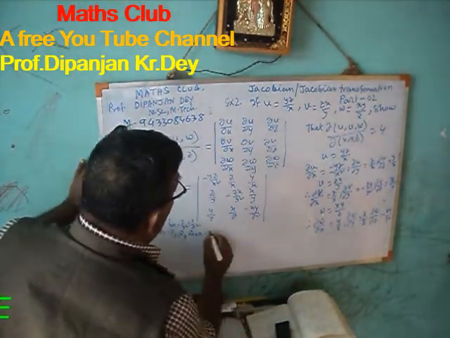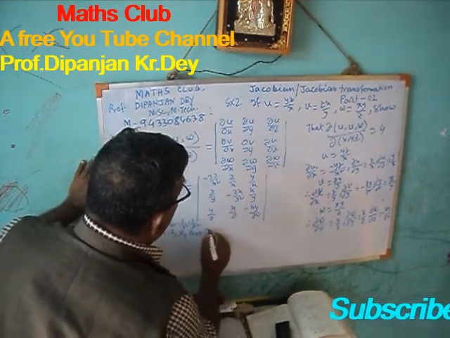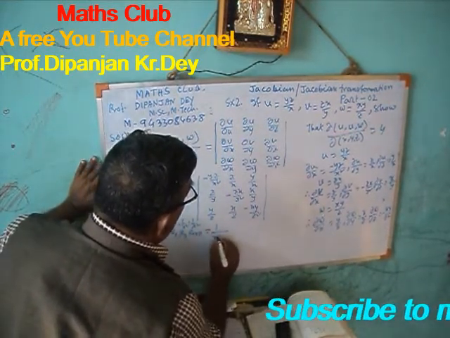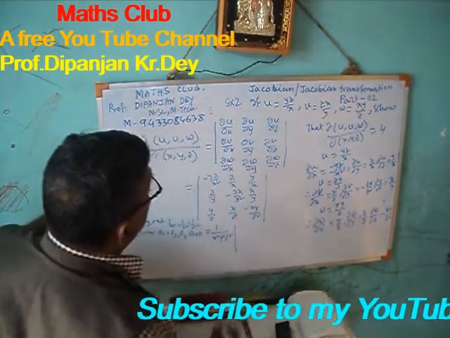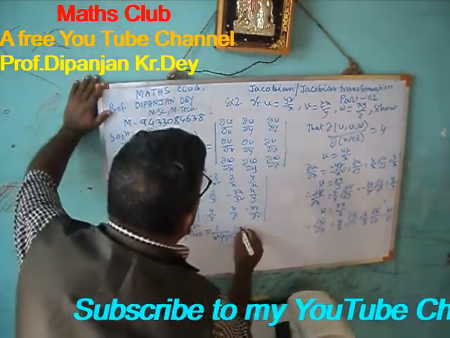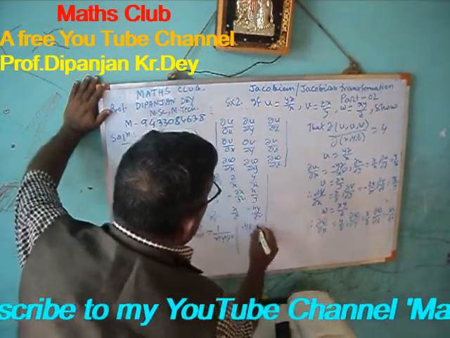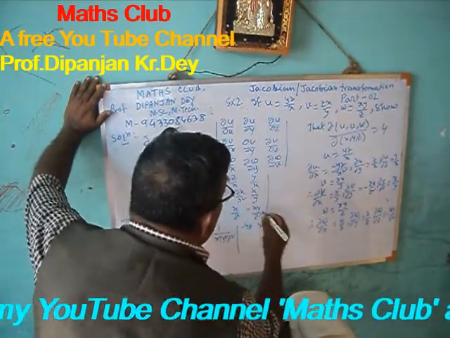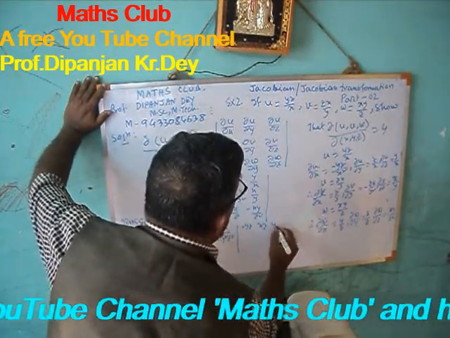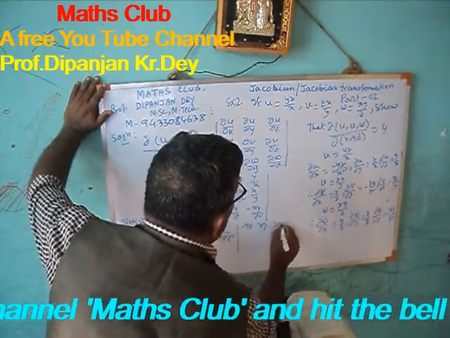So now we are getting here equal to 1 by x square y square z square, then this will be minus yz, xz, xy in the first row.